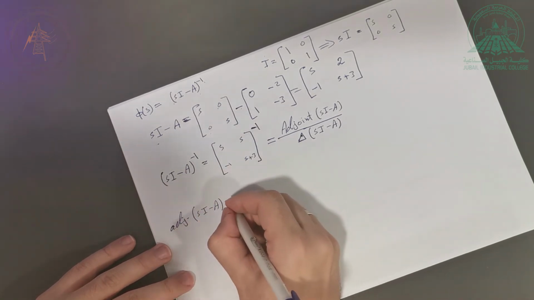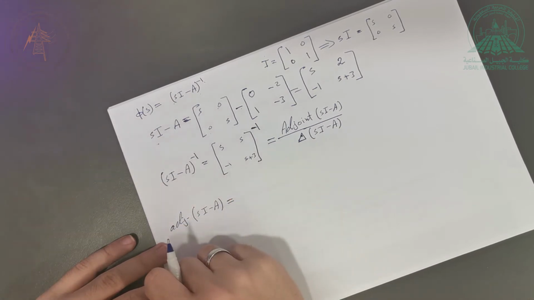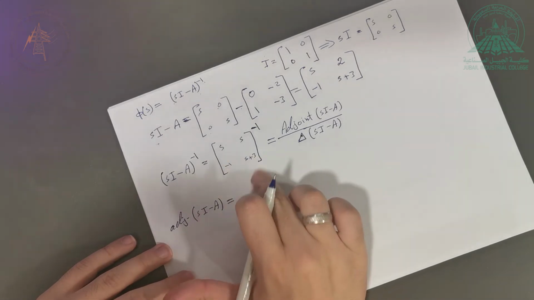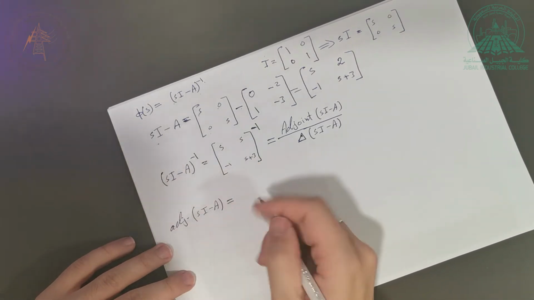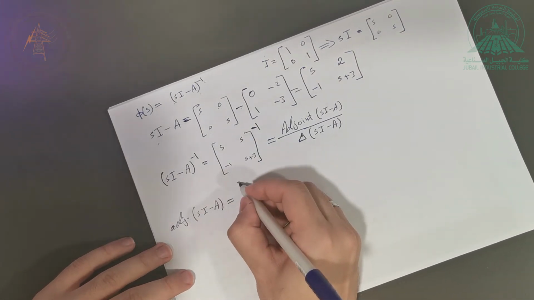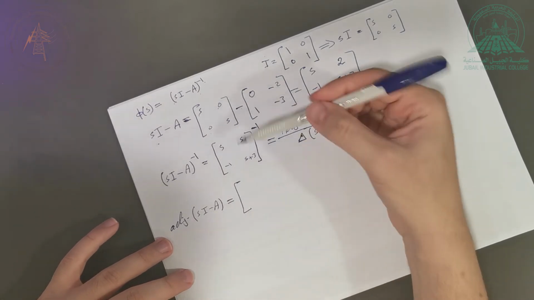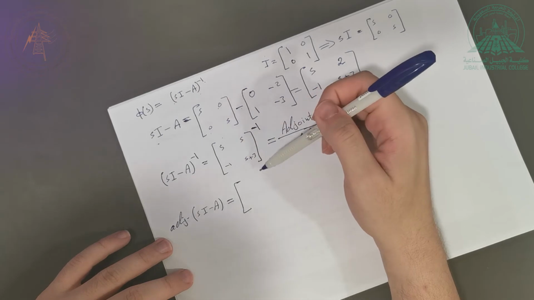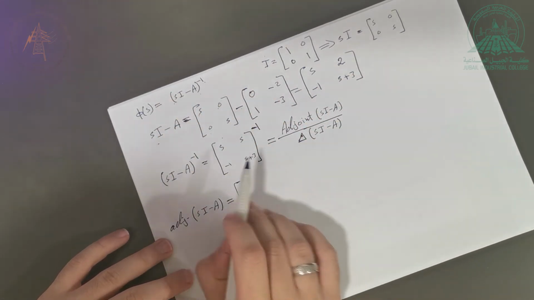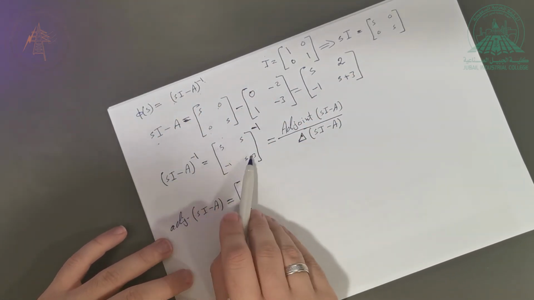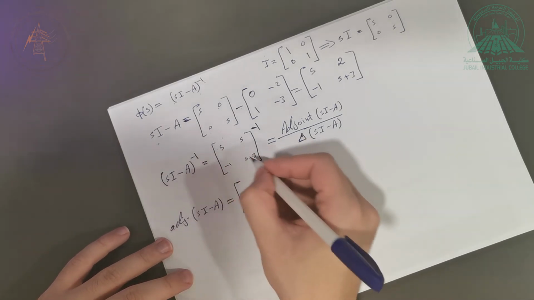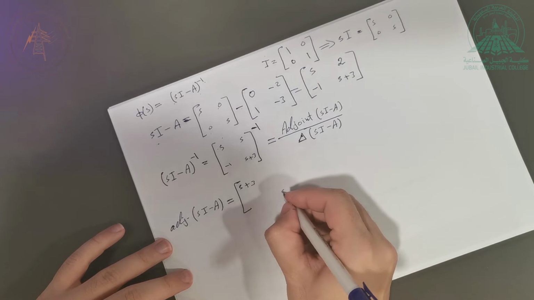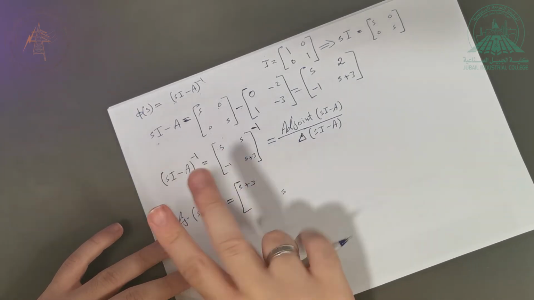The adjoint of a matrix is a special operation, and it is very simple for a 2 by 2 matrix like this. You go to the primary diagonal and you swap the elements. So you put s plus 3 up here, and s goes down here.